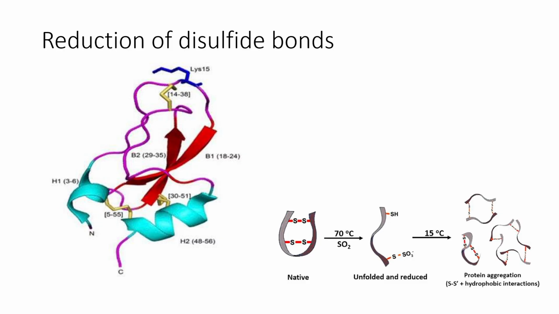Now here I found a paper where somebody was looking at how SO2 is involved in reducing disulfide bonds. It's a powerful reductant. How do we know it's a reductant? Let me go back to the structure here.